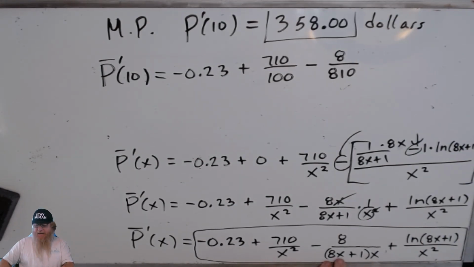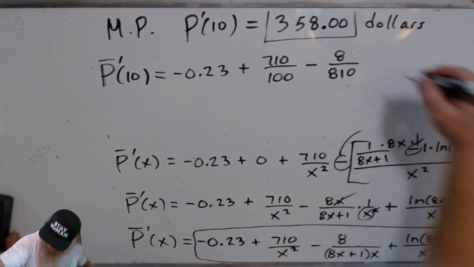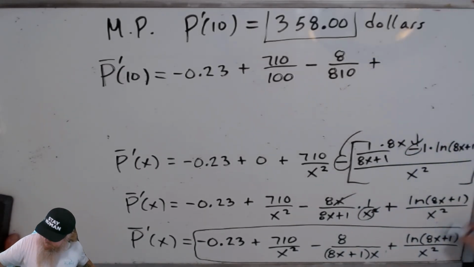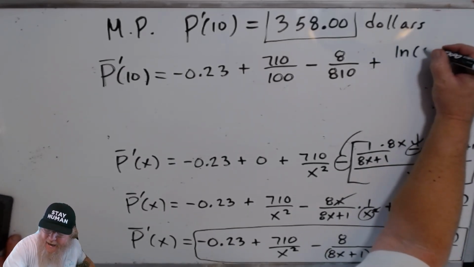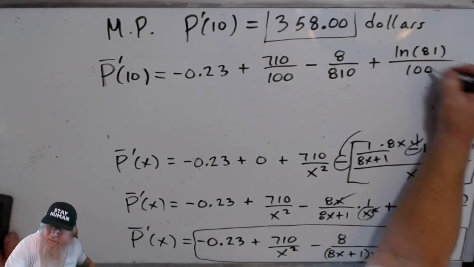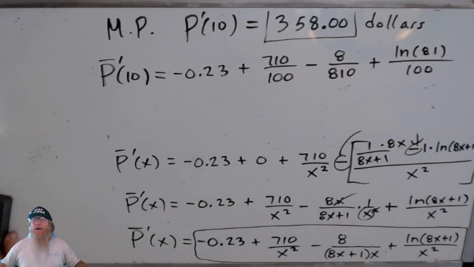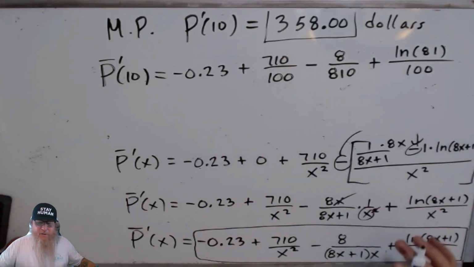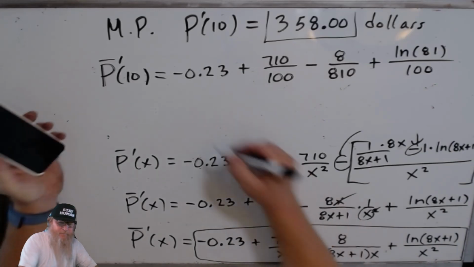Look at how I did that in my head. 8 times 10 is 80. Plus 1 is 81. Times 10 is 810. So it gets better when you plug everything in. ln of 81 over 100. All right, 10 squared. So it looks much more complicated than it is when you actually plug in the numbers.